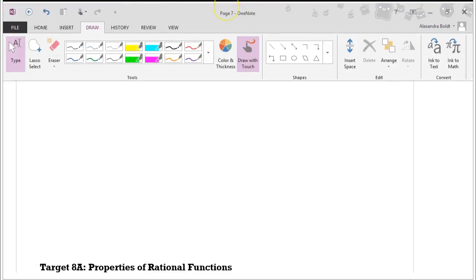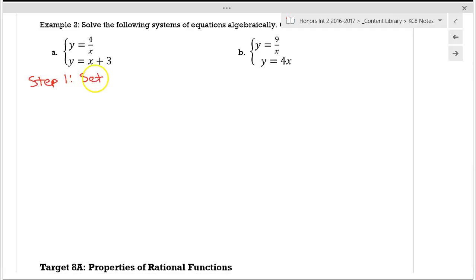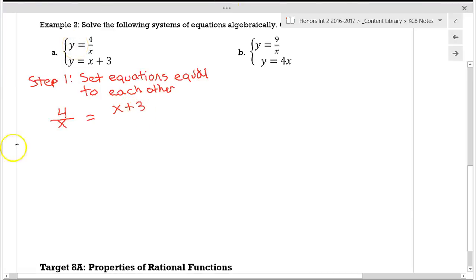So our first step, set equations equal to each other. My first equation is 4 over x, and my second equation is x plus 3. Now I'm just solving.